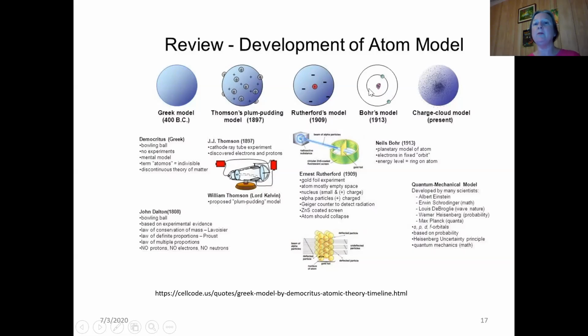They are in specific orbits, specific regions, and they can only occupy that region. And they circle the nucleus just like our planets circle the sun. That's why it's called the planetary model. An electron can't be in this in-between space. It's only in the specific orbit, and they build outward.